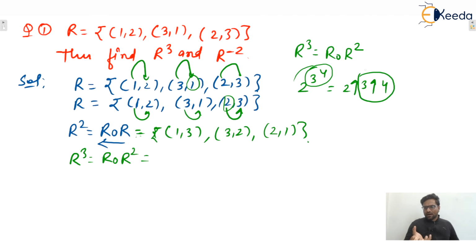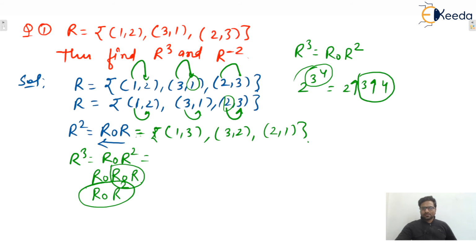So we can write R cube is R composition with R square, that is R composition with R composition with R. First evaluate R square, then take this particular composition. Here all relations are the same, so there won't be any problem, but your habit should be like that, because the power function is right to left associative.